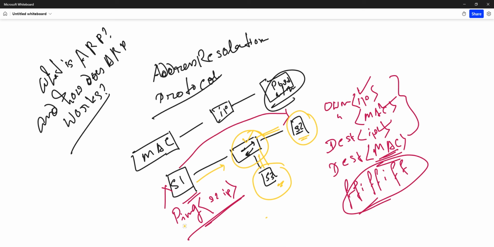But as you see, this is a ping to the S2 IP address, correct? So S2 opens this packet, S3 also opens this packet, but it checks the IP address. S3 says it is not my IP address, so it is discarded.